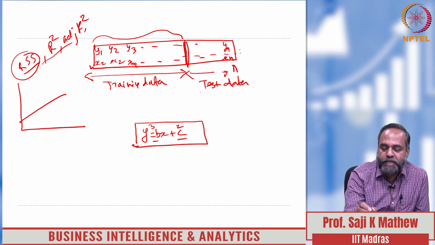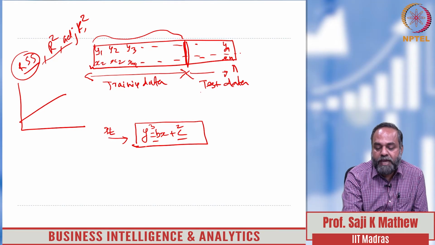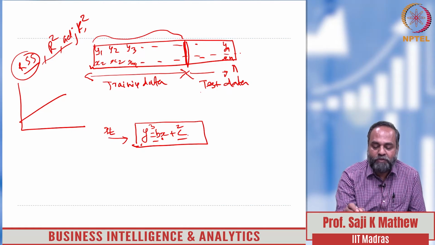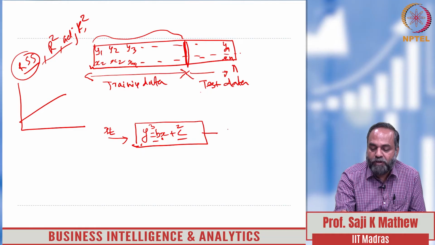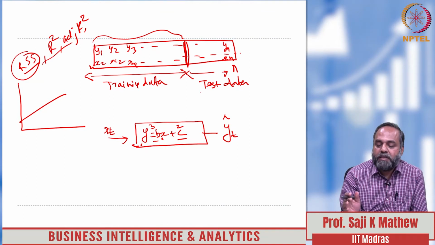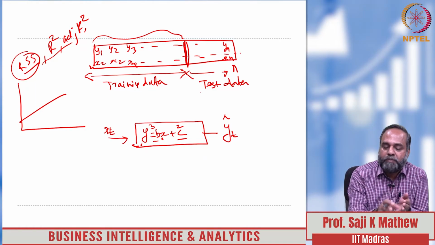I input the test data, the x test data. When I input each x value, the model computes the y value because the model knows the parameters. The corresponding y is calculated from the values of x, b and c, all three of which are known. So you get a predicted output. Here x_t is the set of x test data and y-hat_t is the predicted data from the input x data.